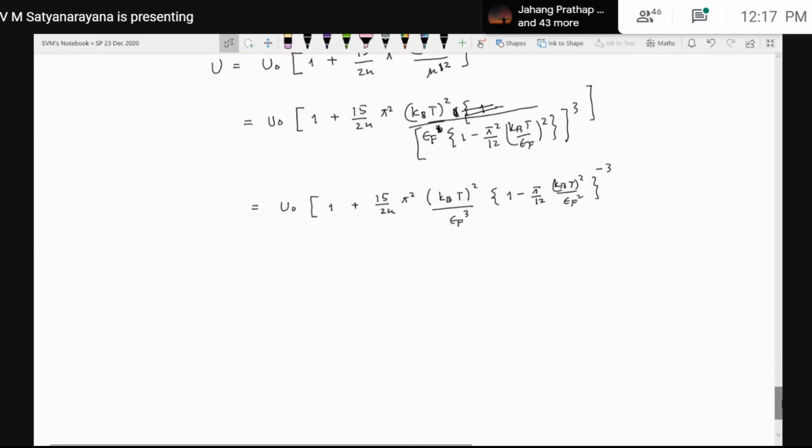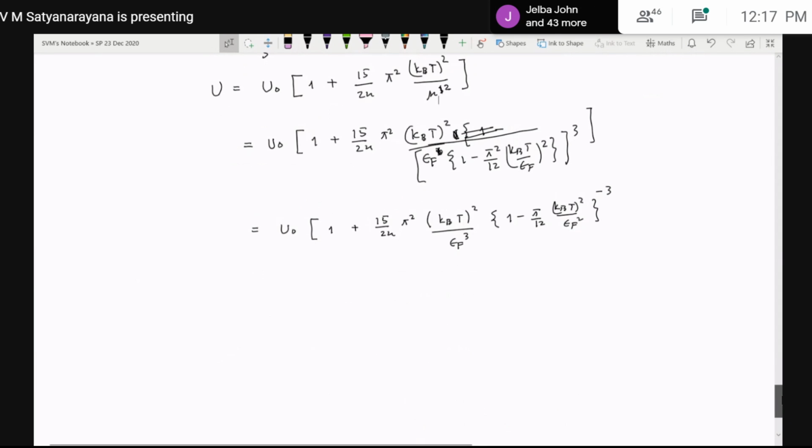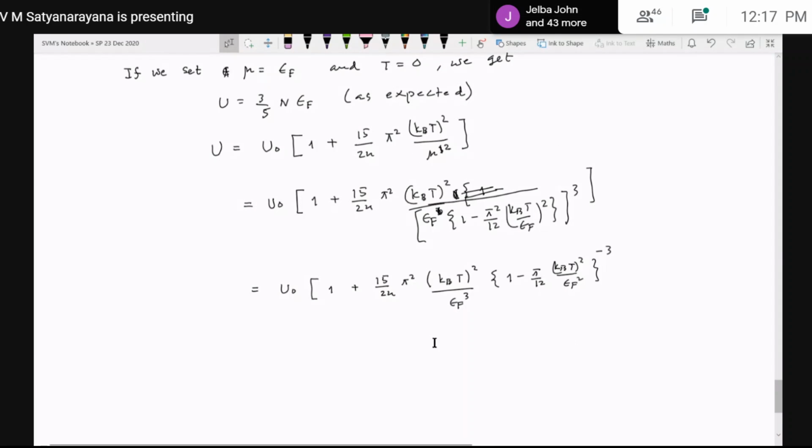Now we have epsilon f whole square, and this is epsilon f square, and 1 minus 2.